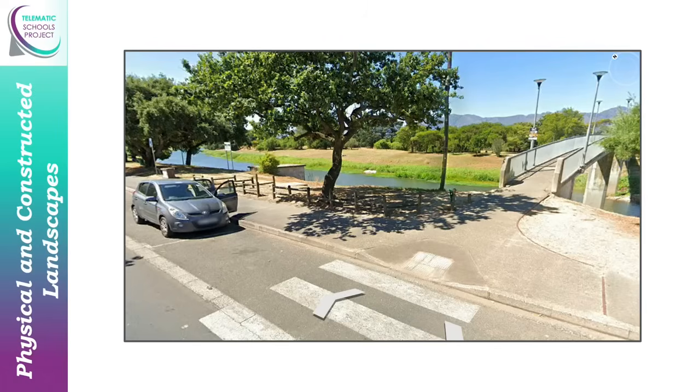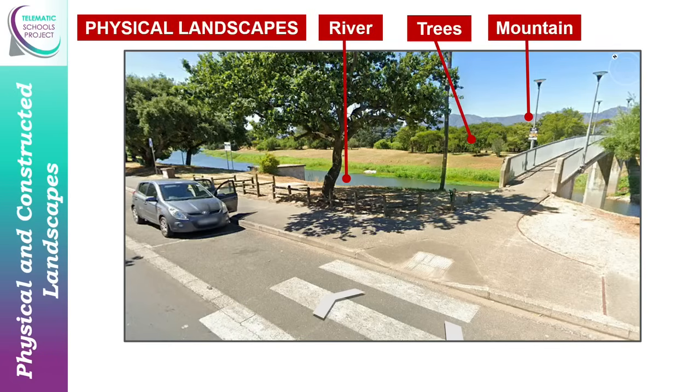So let's look at this photograph and see how many natural or physical features and how many constructed features we can identify. As a matter of interest, this is a photograph of the Berg River in Paarl. So let's look at the physical landscape. There's the river.